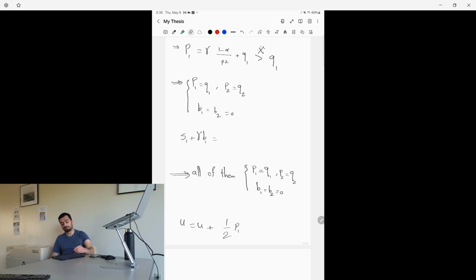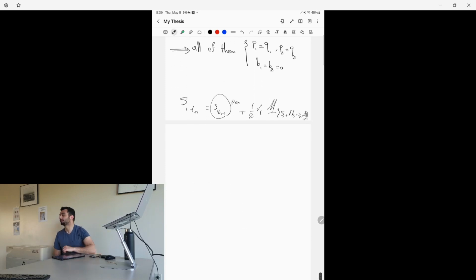Like, okay, updating rule S1 at t plus 1: previous term plus, for example, 1/2 you sell and you receive the reward R1 once S1 plus gamma P1 equals S2 plus gamma P2. So actually we can check that too, it's not a big issue.